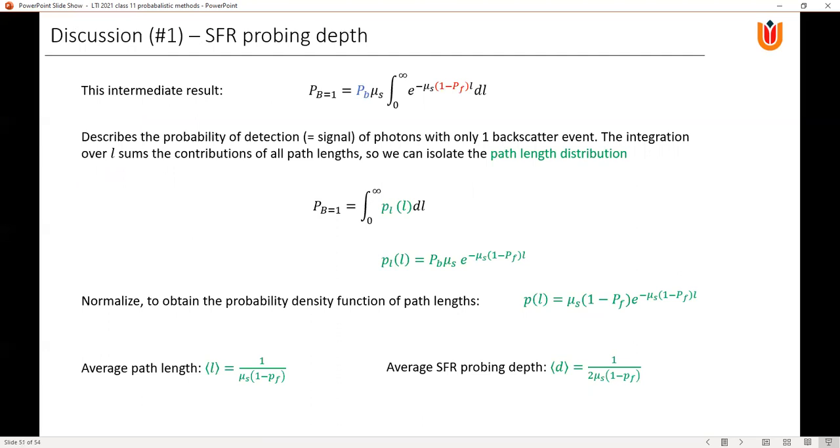Okay. So if we combine all these things, then this, no, that's a storyline of the next slide. So if you look at the intermediate results, we have this integral that still has to be worked out to get this final expression.